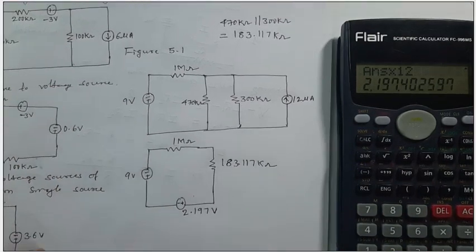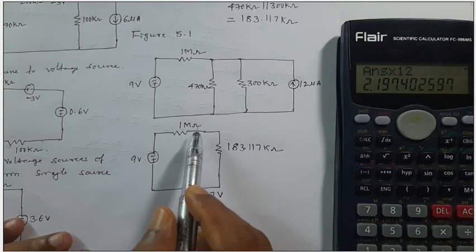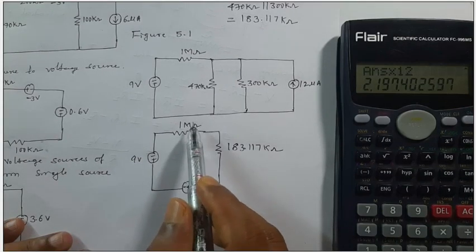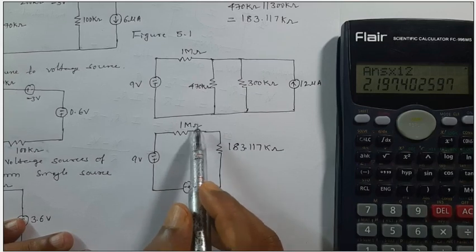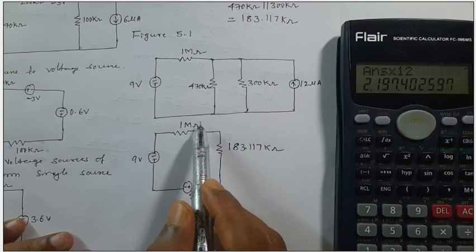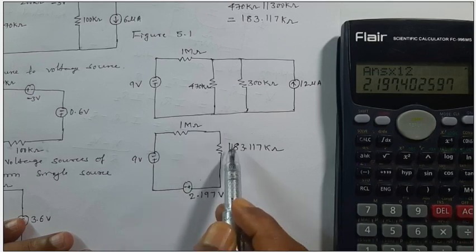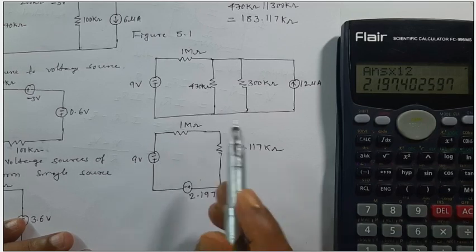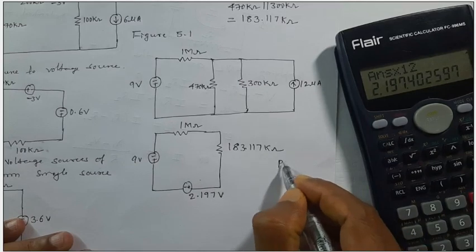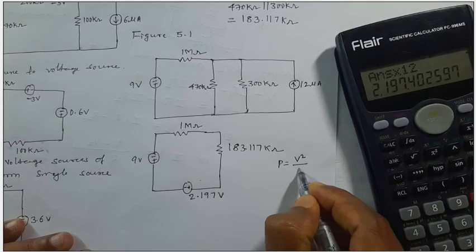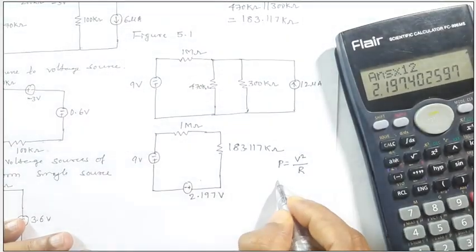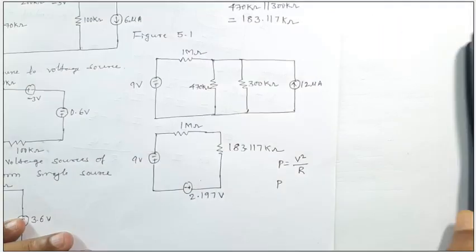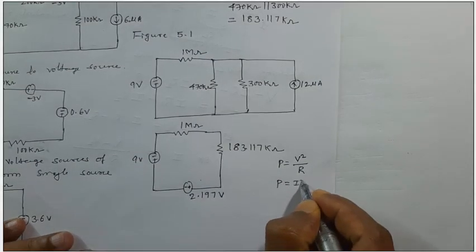Now dear students, we are supposed to find the power dissipated by 1 mega ohm resistor. Because of that we should find either voltage or current. Once we find a voltage or current, if we find voltage we can use V square by R. If we find current we will use P is equal to I square into R.